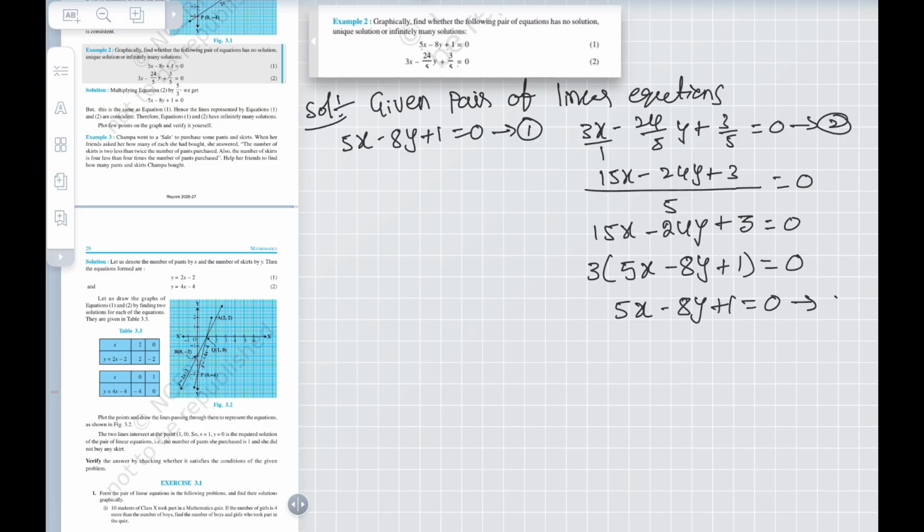Observe equation 1 and now this is equation 2. So these both equations are the same, which means the given pair of equations form consistent lines.